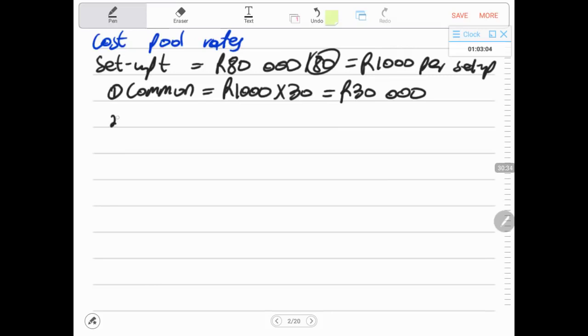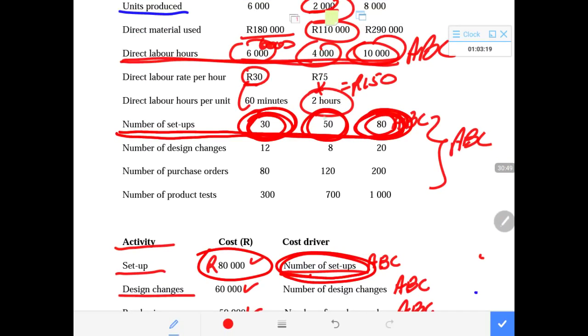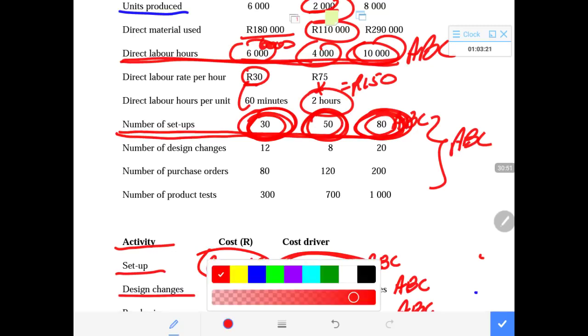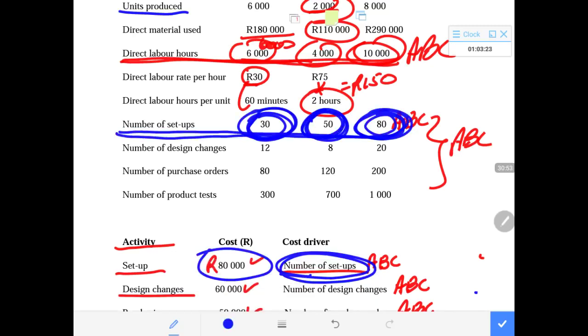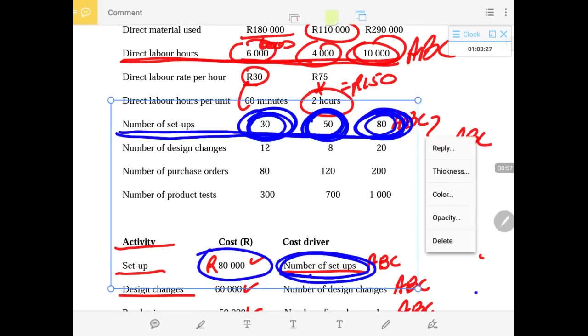Then I have the second product, which is special. And for product special, remember, the rate does not change. It is 1000. And I multiply this by 50. What is 50? 50 is the number of setups for product special. It is given to me as 50, as you can see there.